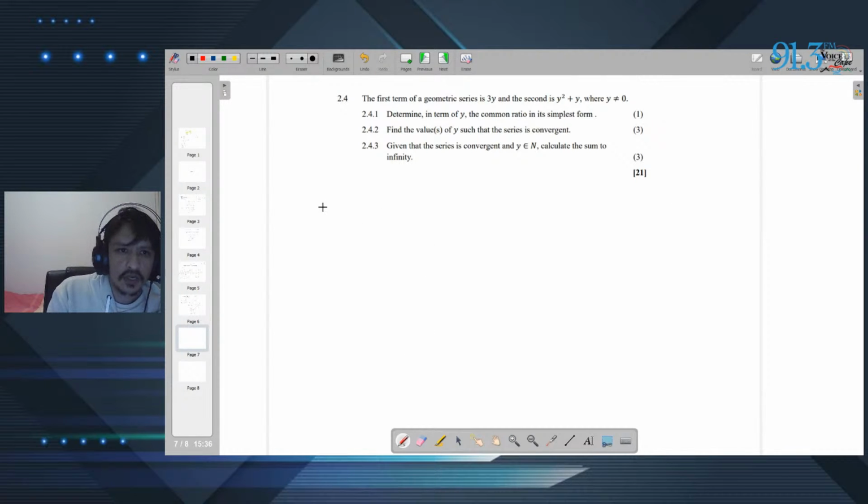Okay, so term 1 is equal to 3y. And we know that term 2 is equal to y squared plus y. To solve for a ratio, we can say the second term over the first term. So this is going to be y squared plus y over 3y.